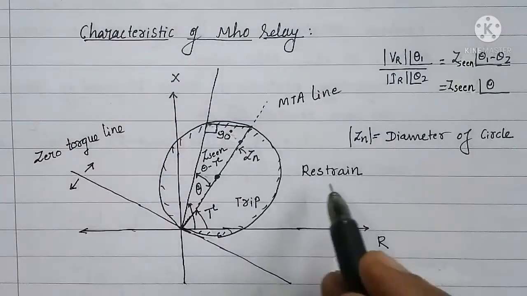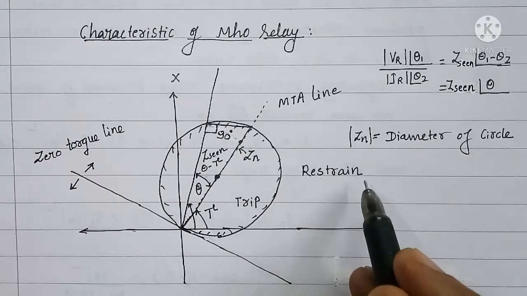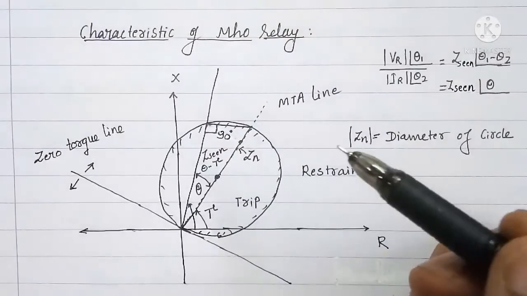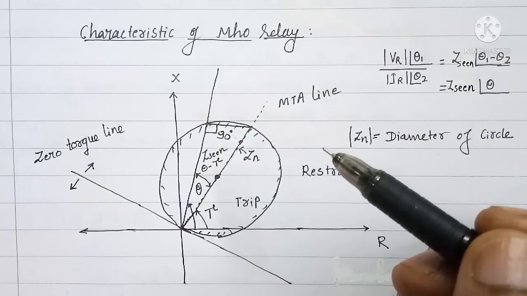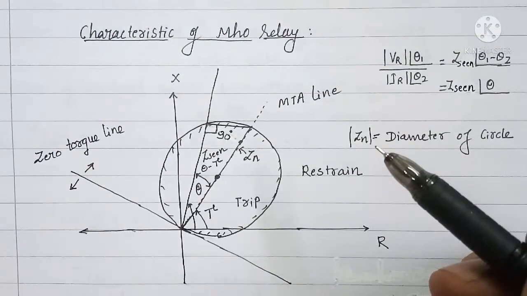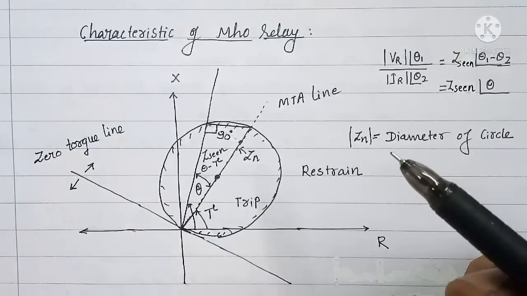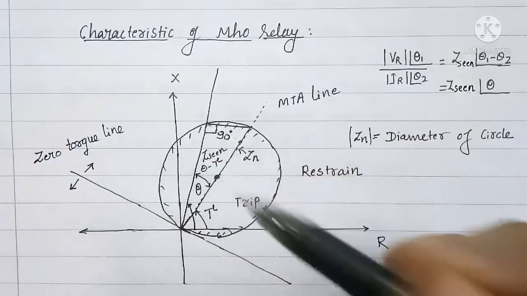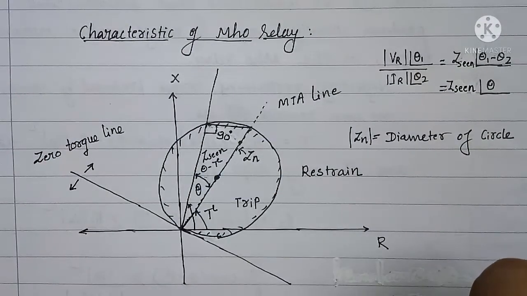Outside the circle there exists restrain region, which means that if the impedance seen by the relay falls outside the circle, then relay won't operate, and if the impedance seen by the relay falls within the circle, then the relay will trip.